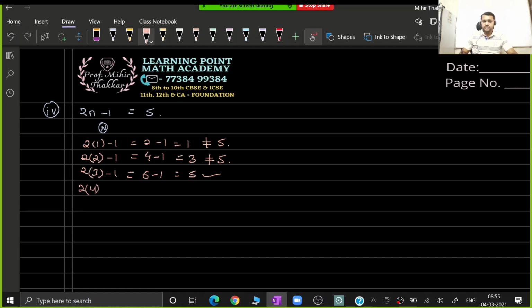If I try the next one, it is going to be 8 minus 1, which is 7, which is also not equal to 5. So I have only one value of the natural number, which is 3, which is satisfying the given condition.